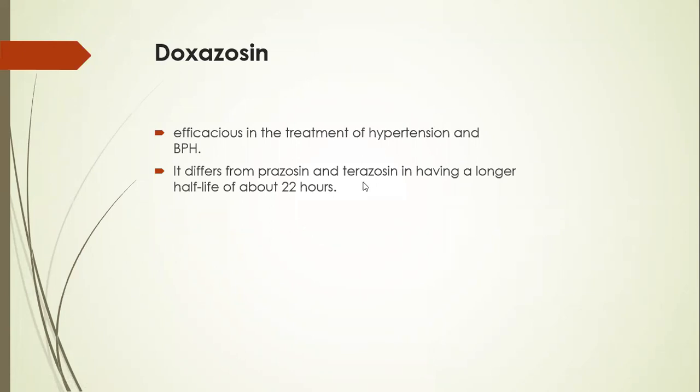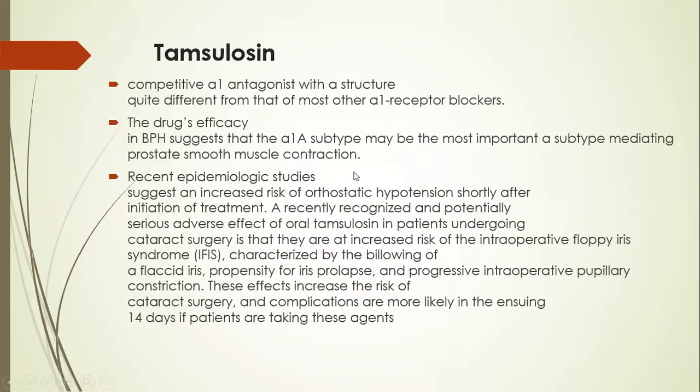Another one is tamsulosin. This is a competitive alpha-1 antagonist with a structure quite different from that of most other alpha-1 receptor blockers.